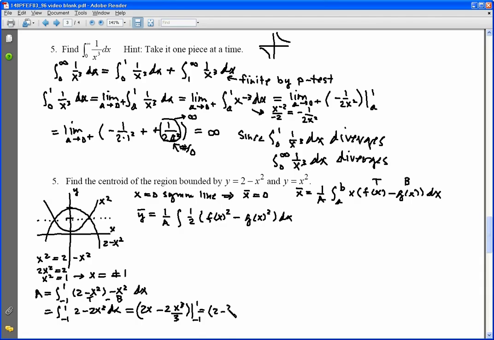So 2 minus 2/3 minus, and if you plug in a -1, you get a -2 minus, and then this -1 cubed gets another negative, so this will be plus 2/3. And so that's, if you do the calculator work here, you'll get 8/3. That's 8/3 area. So this piece here, 1 over A, is going to be 3/8.